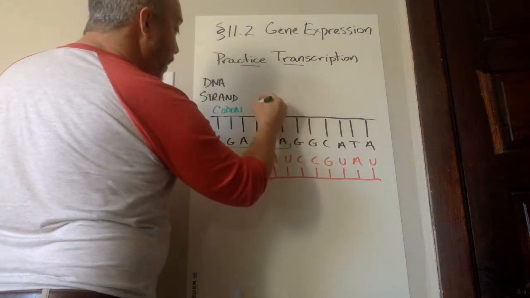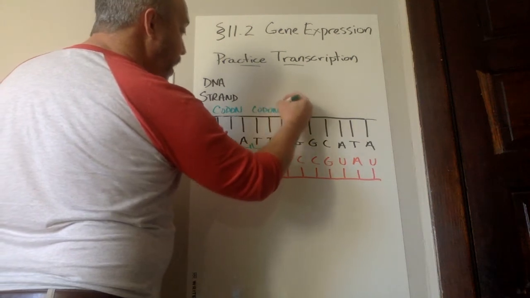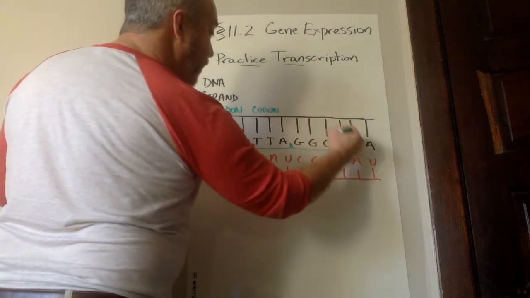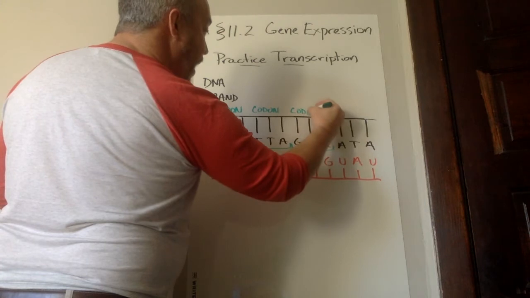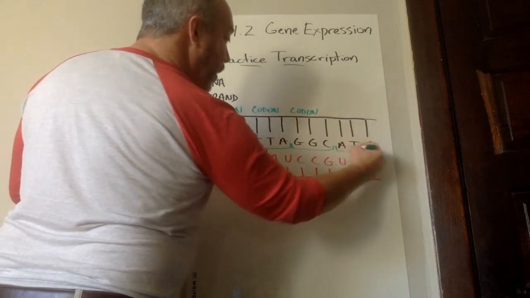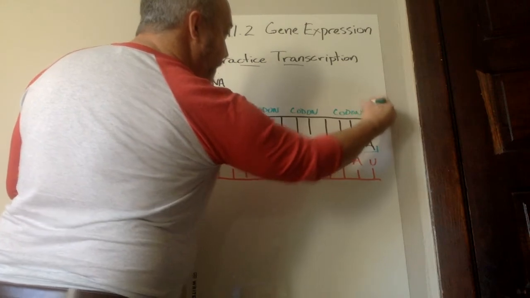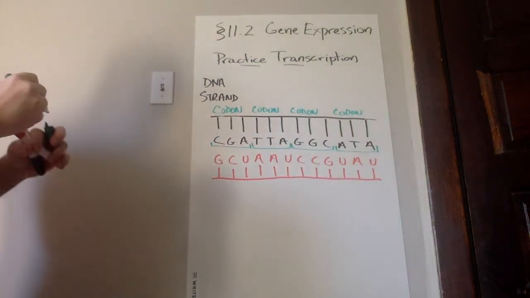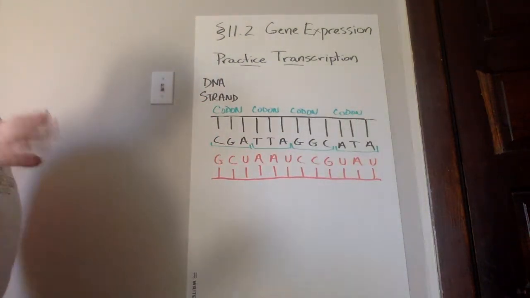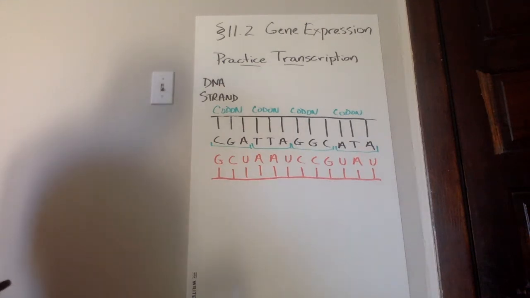TTA is a codon. Every 3 letters of the DNA is considered a codon. So this particular DNA strand has 4 codons.